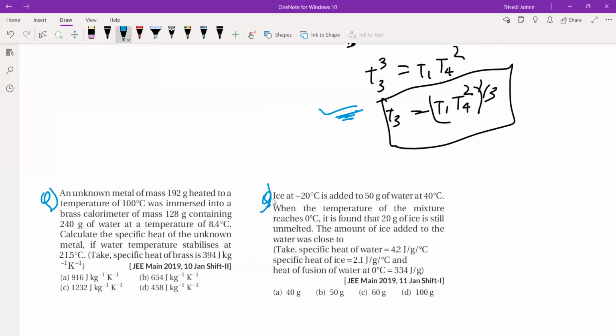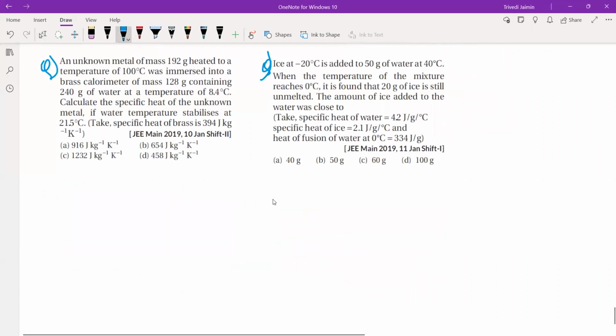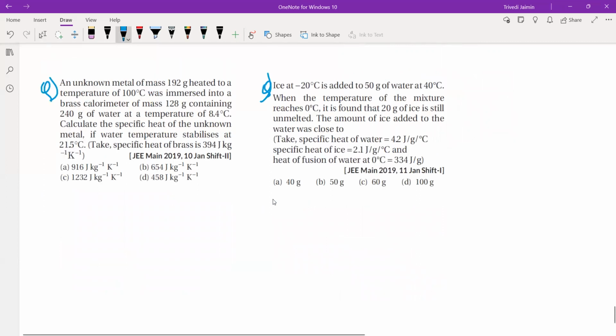Take these two questions as homework. Take a screenshot or make a note of it, whatever you want. Easy is to take a screenshot. But after taking the screenshot, don't use Google Lens.